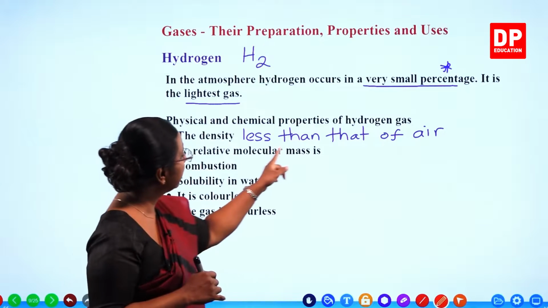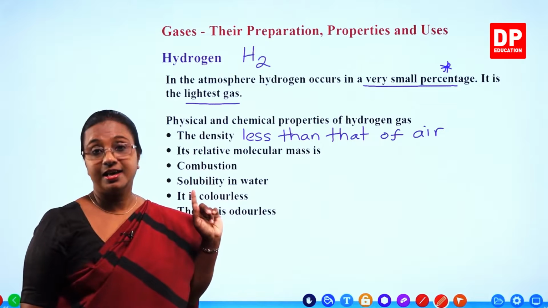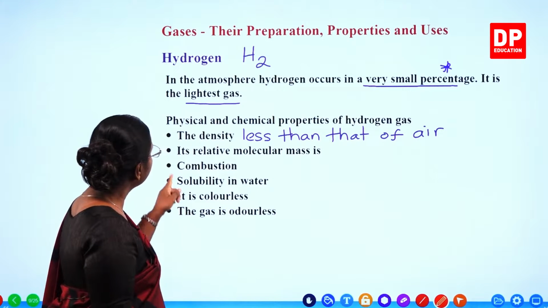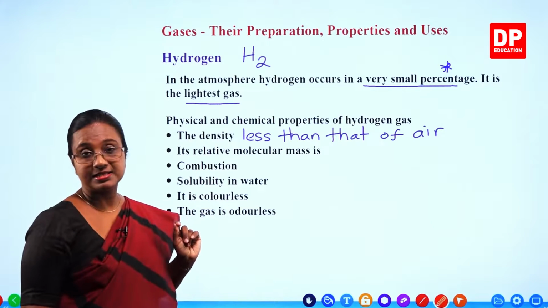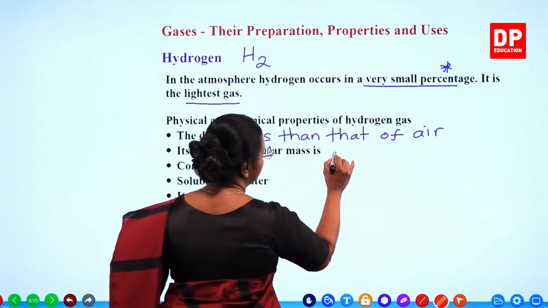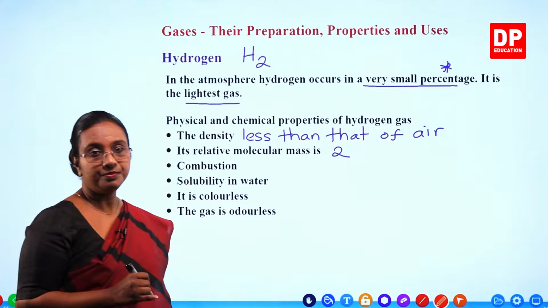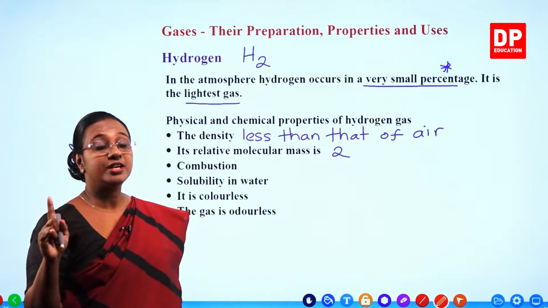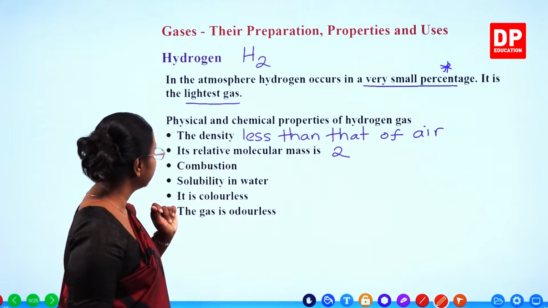That is because the density is less than that of air. Then if we look at its relative molecular mass, I already told you all H2 molecule, relative molecular mass is 2. Relative molecular mass does not have a unit because it's a relative value.